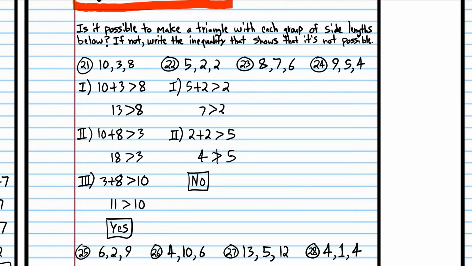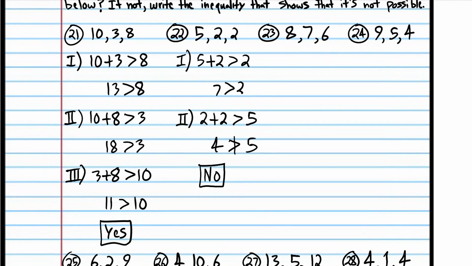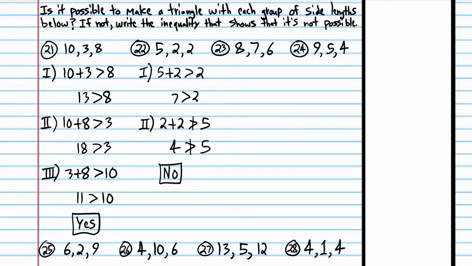So we don't have to even try the third inequality, partly because the third inequality would just be the same as this inequality, because 2 of the sides are the same, but also because we already found a contradiction. So we can just write not greater than, and you cannot make a triangle.